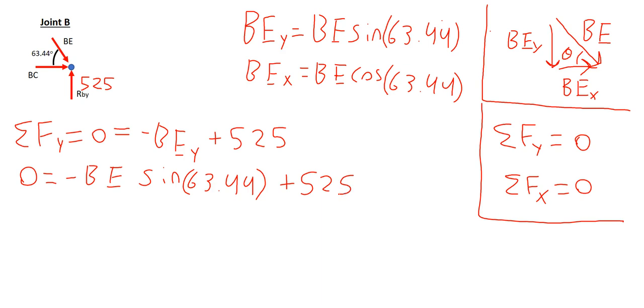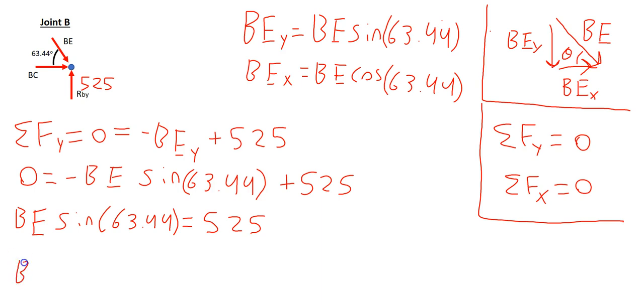So now we will rearrange the equation to start getting BE by itself. So we will add BE sine 63.44 to both sides to get BE sine 63.44 is equal to 525. The last step to get BE by itself is to divide both sides by sine of 63.44.